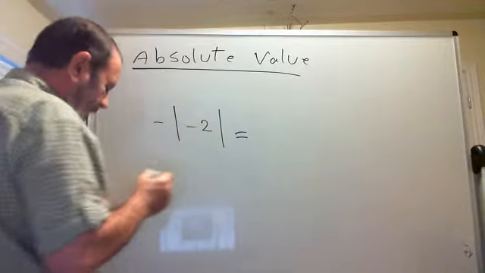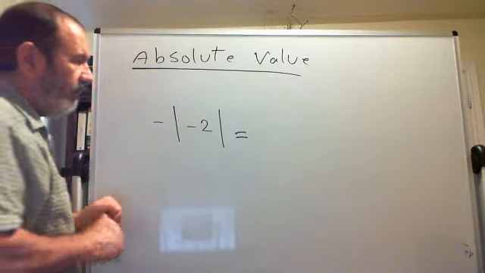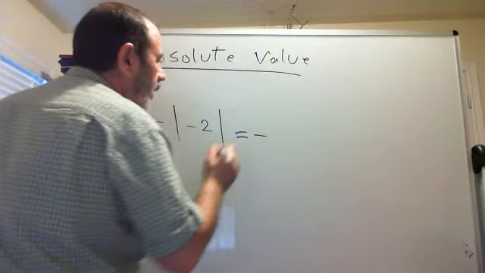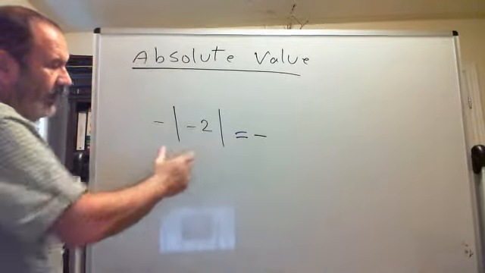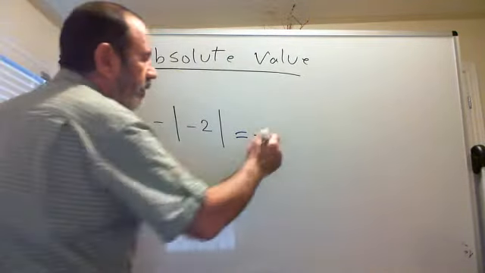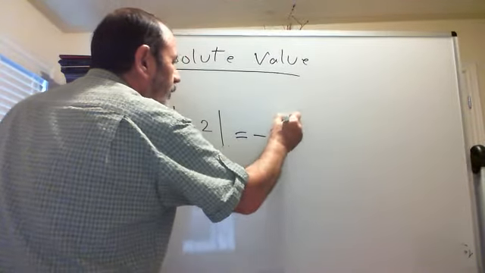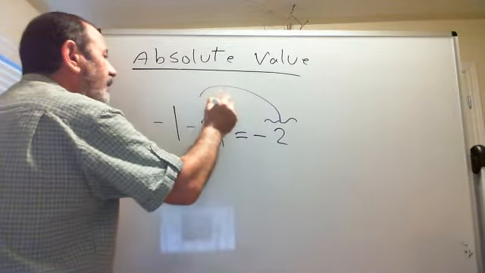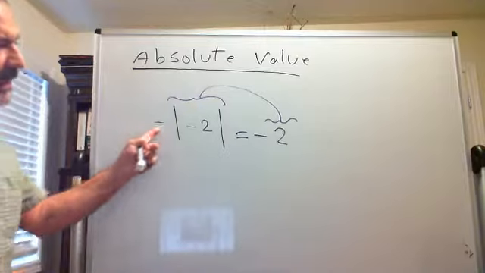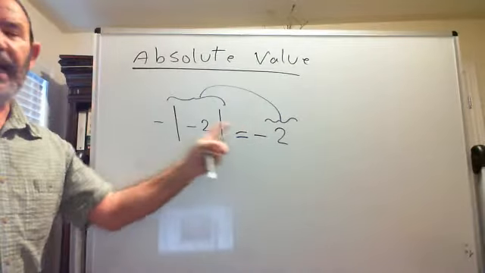This negative is this one. I'm going to write in a different color. And what is the absolute value of negative 2? It is 2. This 2 is the result of this absolute value, and this negative remains as is.